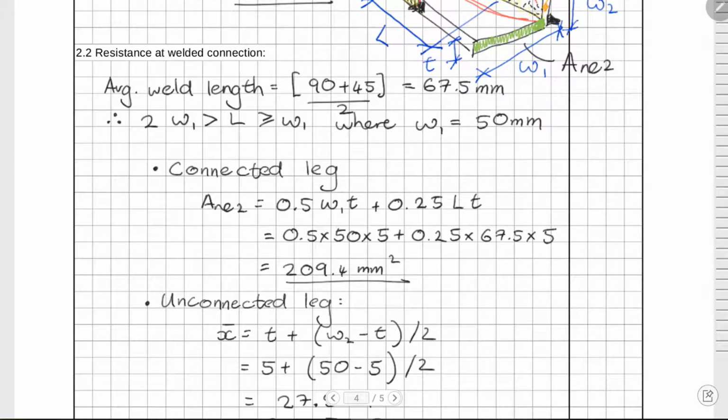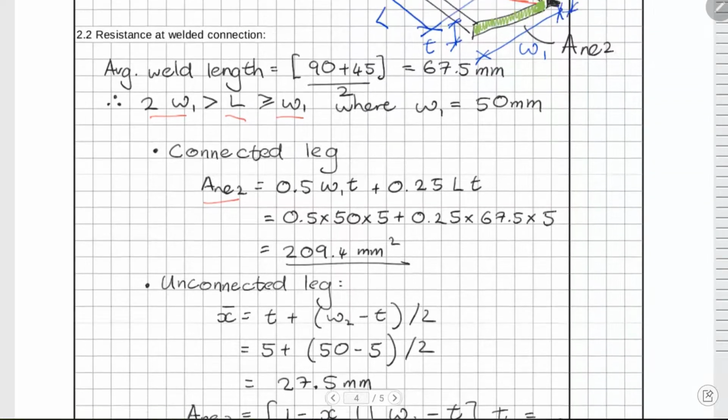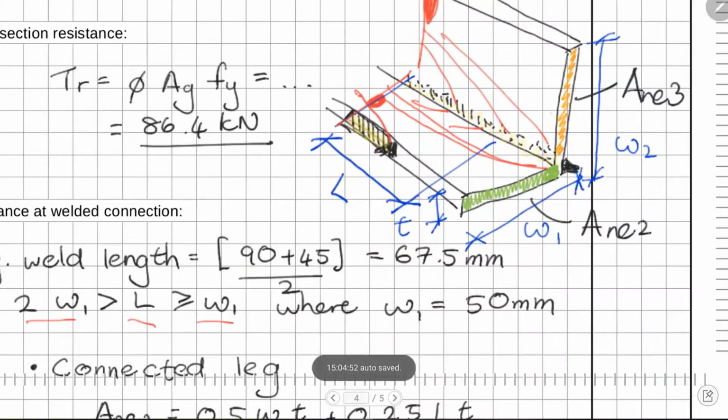Once I know that average weld length, I can see where it falls between the requirements in the code for how we calculate the effective net area, ANE2. So this is the connected leg area there, ANE2, and running through that, I get 209 mils. My unconnected leg is a function of the centroid of that orange section, everything above the green.